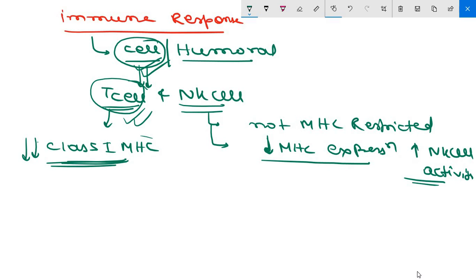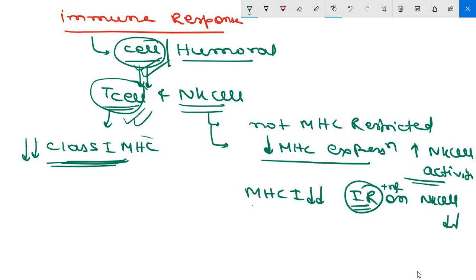This is due to withdrawal of inhibitory receptor induced NK cell suppression. The inhibitory receptors of NK cells will no longer function in the absence of MHC1 molecule. So if MHC1 molecules are decreasing, then the inhibitory receptors present on NK cells get down regulated, so there will be increased functioning of the NK cell.